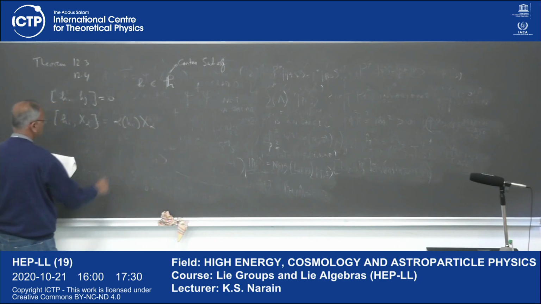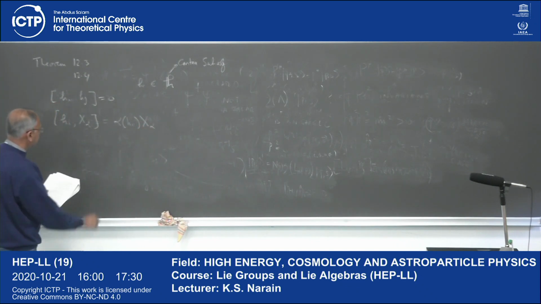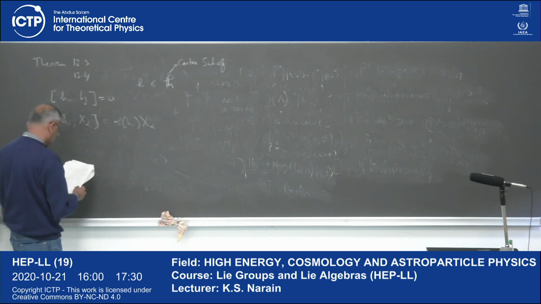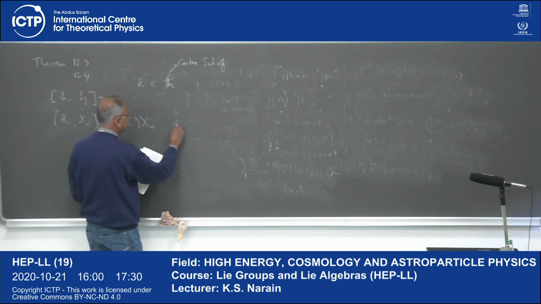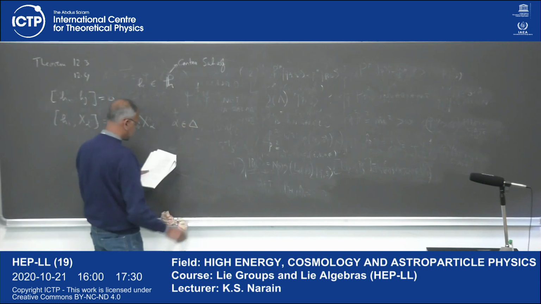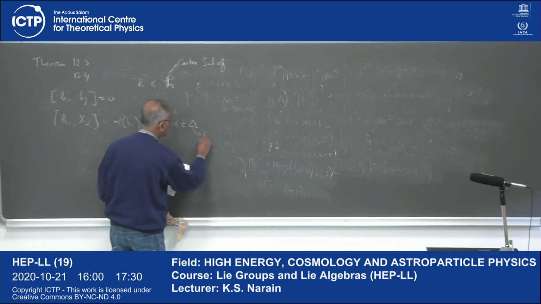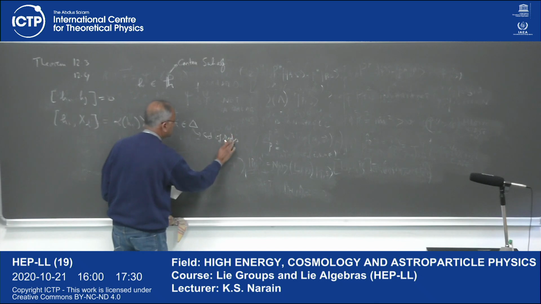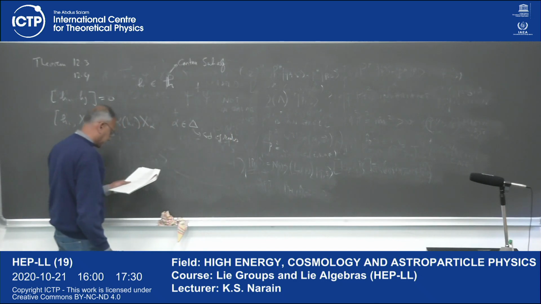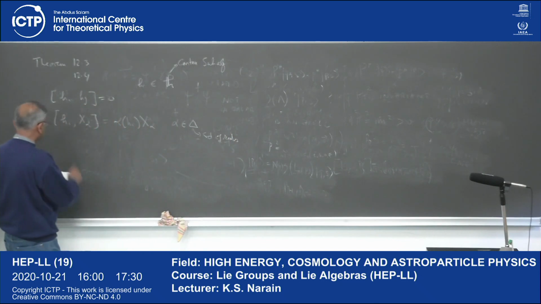So these were the non-zero roots, and alpha belongs to delta. Delta is the set of roots. And H is again in the Cartan.